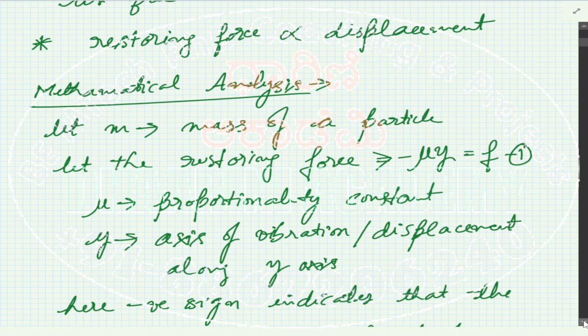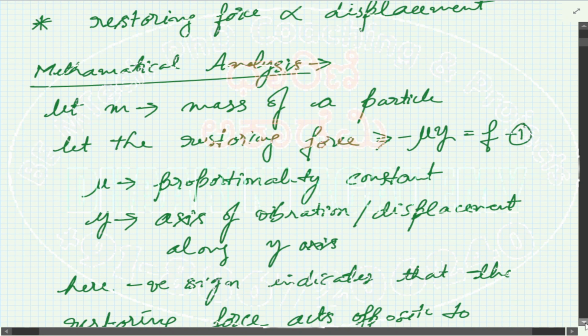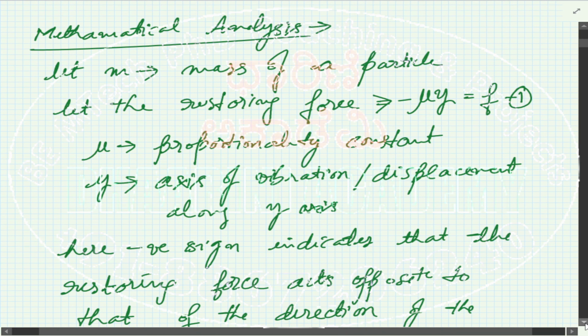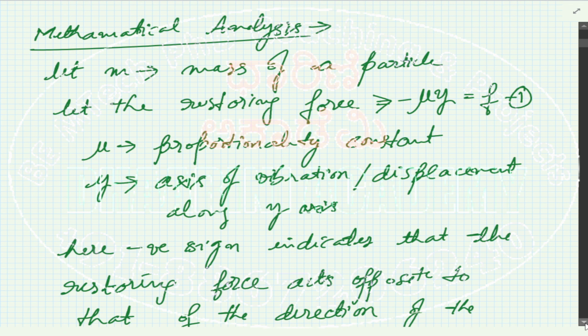So let us look at the mathematical view of the same thing. We assume that there is a mass m and a restoring force F. This restoring force is negative, minus mu into y, where y is the displacement. Whatever the displacement y is, it decides the force on that object.